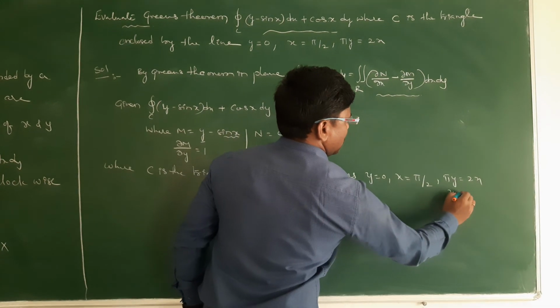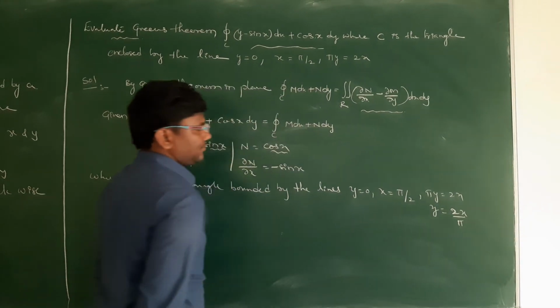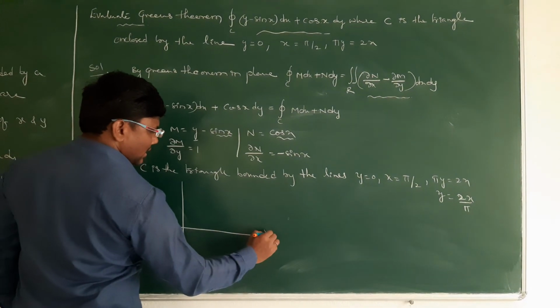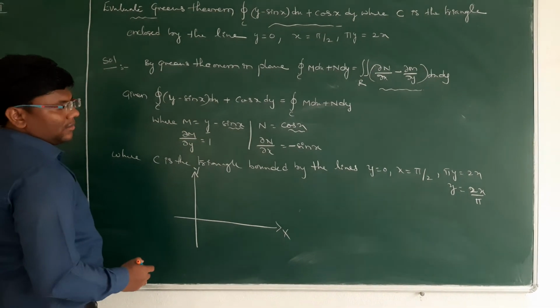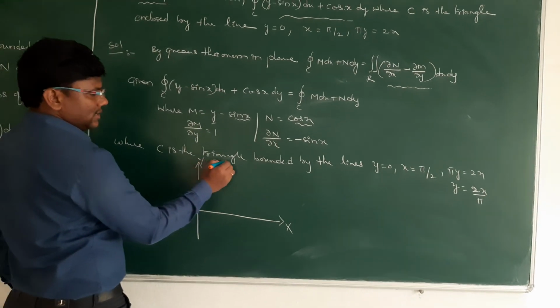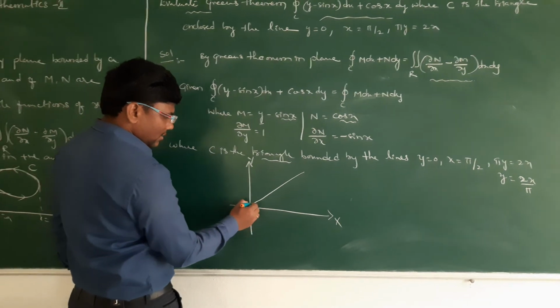This is nothing but y equals 2x by pi. Define the region in the xy plane. This is the xy plane, where C is the curve bounded by the lines. Here, what is C? C is the triangle. This is the triangle.